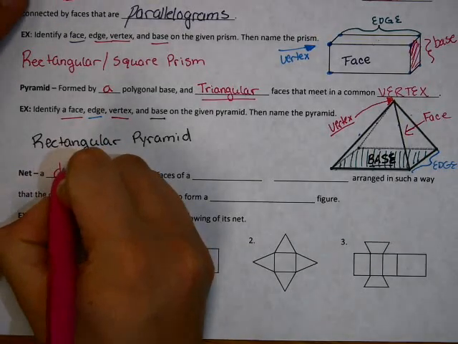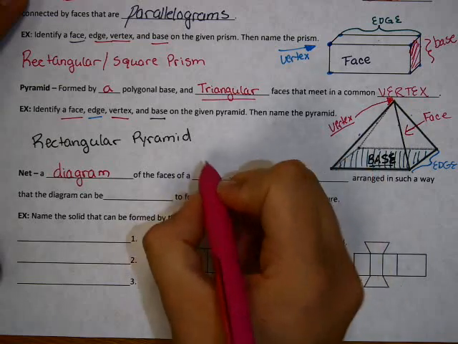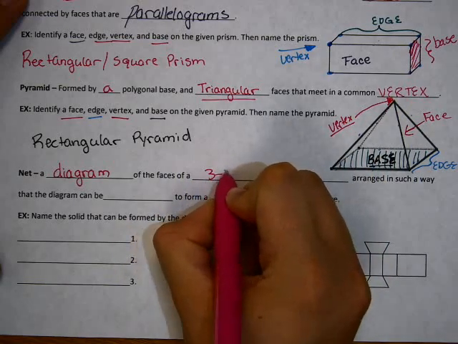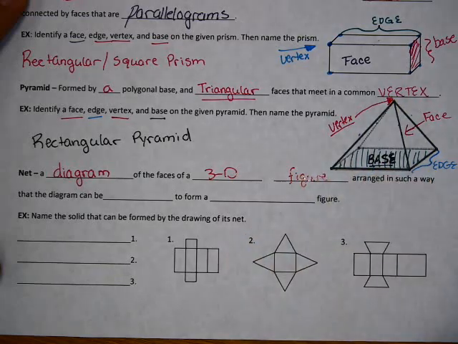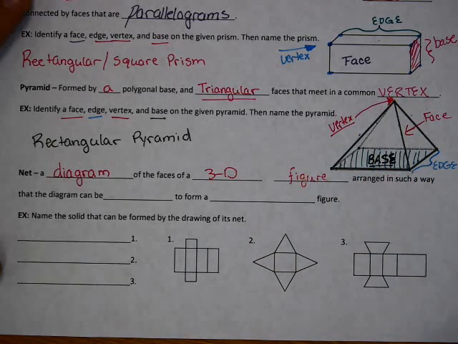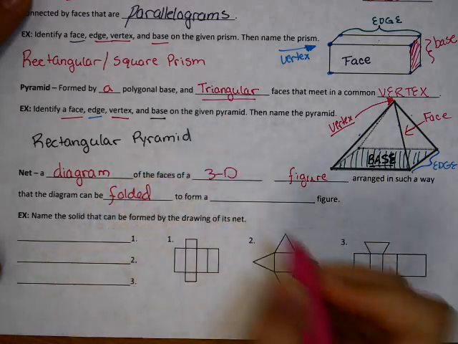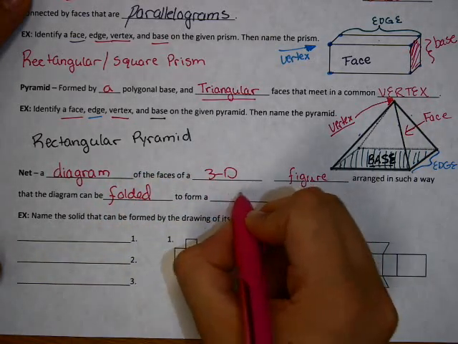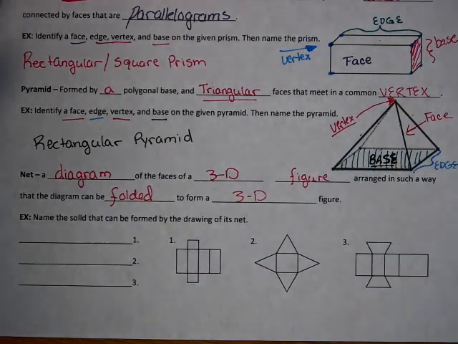So it's a diagram of the faces of a 3D figure arranged in such a way that the diagram can be folded to form a 3D figure. Okay, so a net's all about how do I make this into a solid.